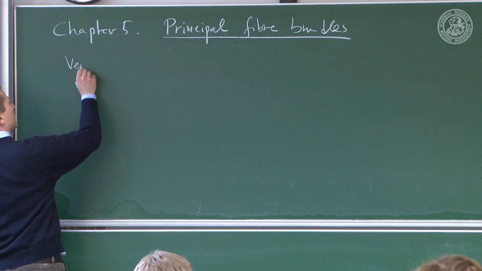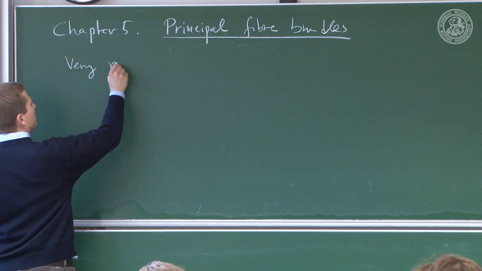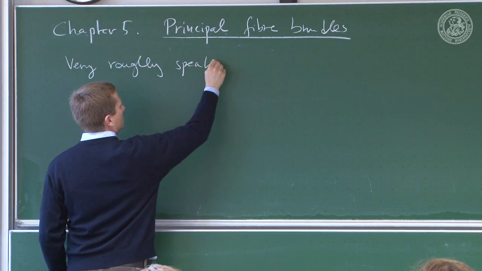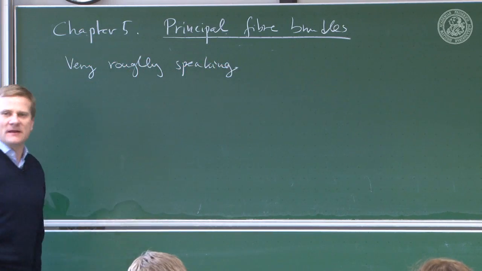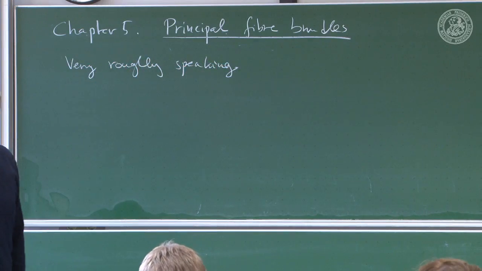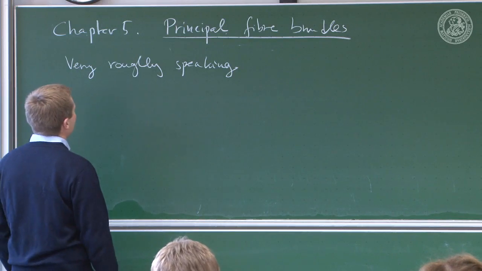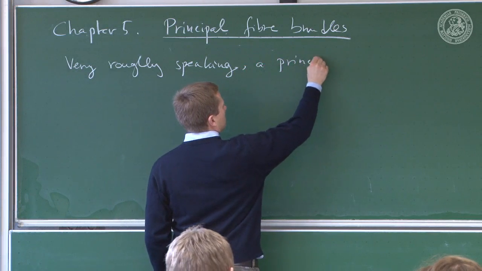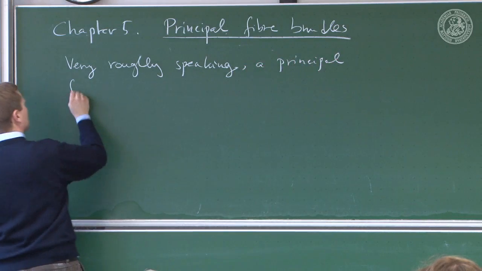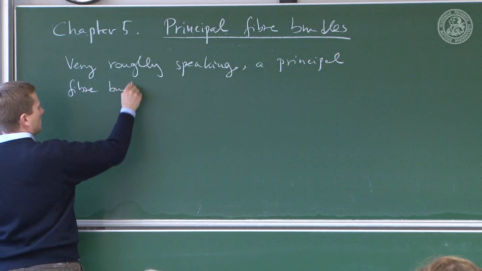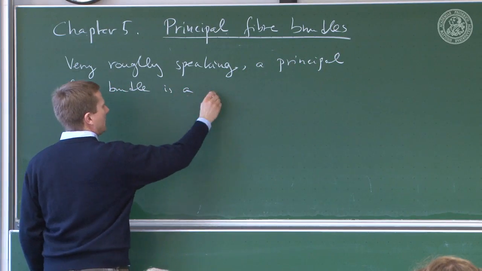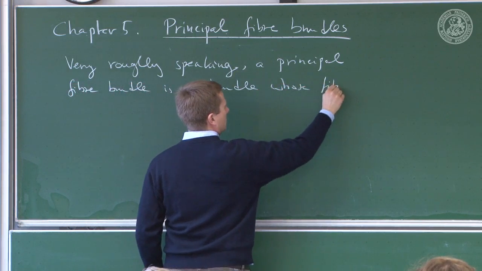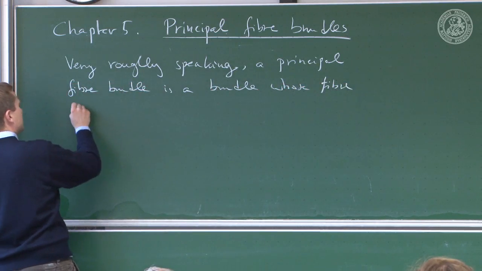So let's start by stating that, very roughly speaking, and to make this precise is, of course, exactly the point of the technical developments, but very roughly speaking, a principal fiber bundle is a bundle whose fiber is a Lie group.